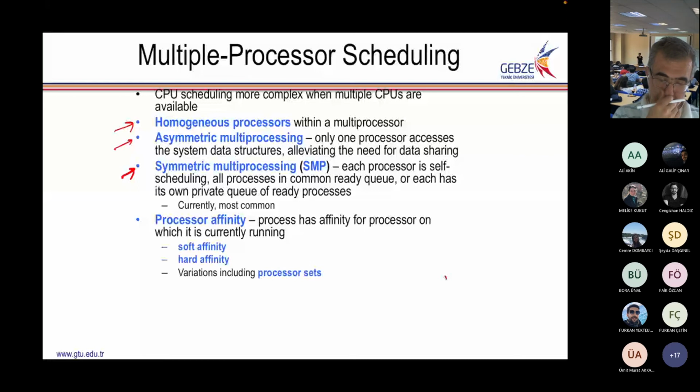And some process P1 is running on a certain CPU.